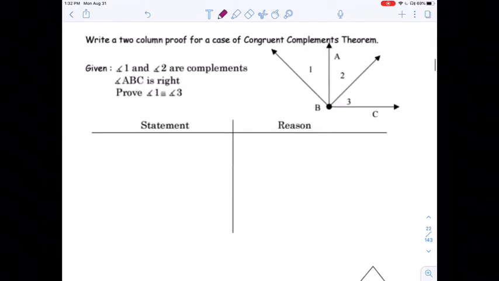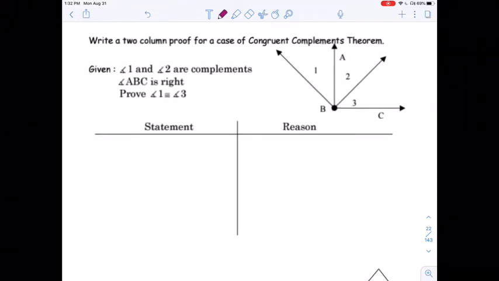So we're going to start here, and we're going to try to prove the congruent complements theorem. So if angle 1 and angle 2 are complements, I also know that angle ABC is a right angle, and I want to prove that angle 1 is congruent to angle 3.